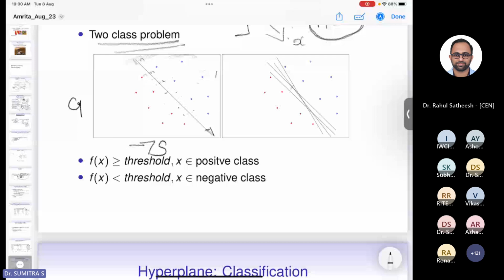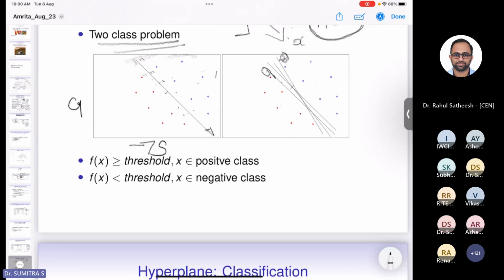Let us look more into this. One person has chosen this as the decision boundary, and another person chose this one, because both give 100% accuracy on the given data. Now what will happen for a new data?